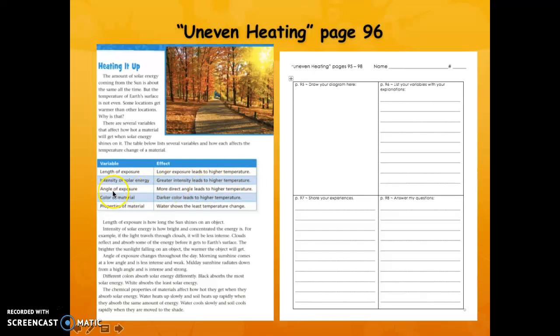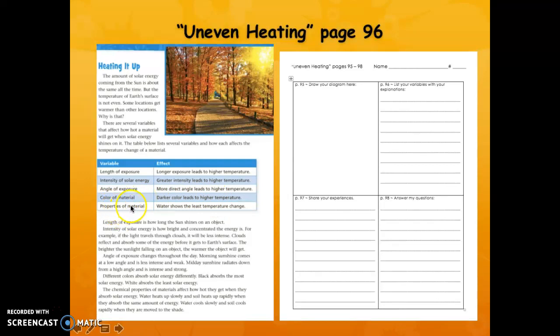Then we have to think of the angle of exposure. If it's more direct, it's going to be a higher temperature. If it's on an angle, it'll be less higher. The color of the earth material, we talked about this yesterday. The darker color is going to have a higher temperature. Like when you wear black outside, you get hotter.